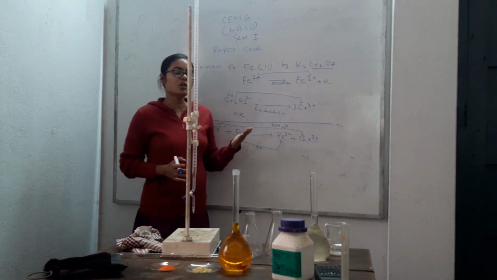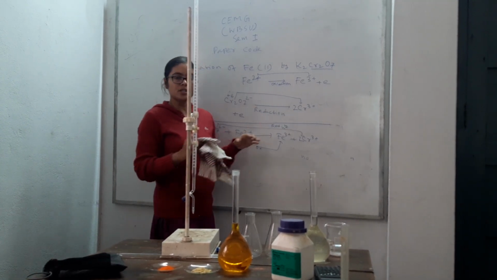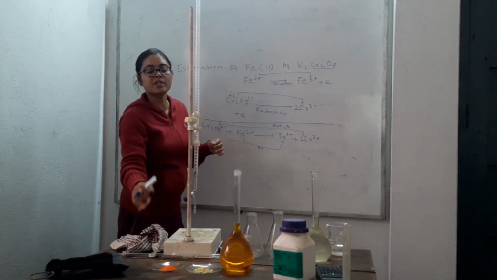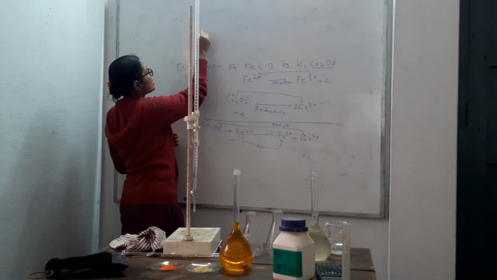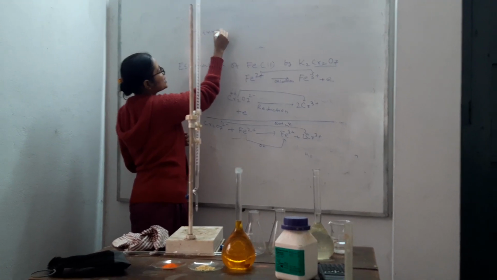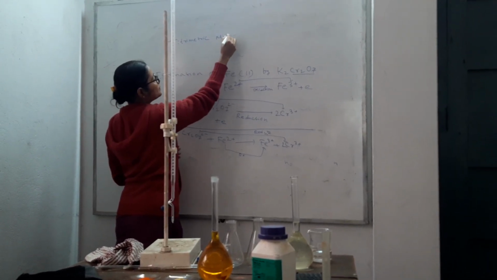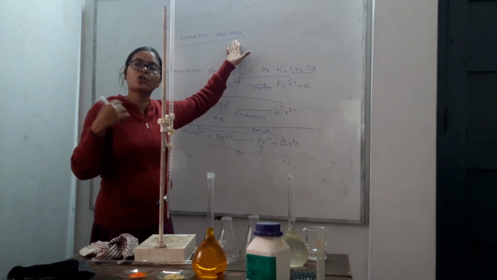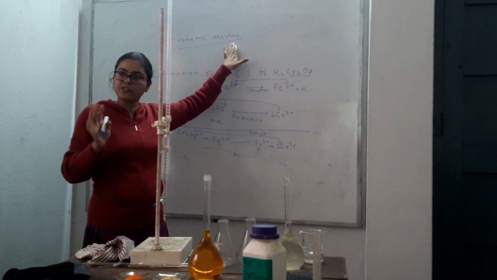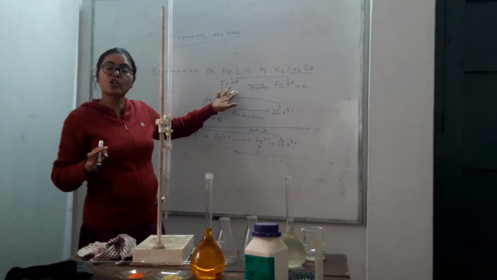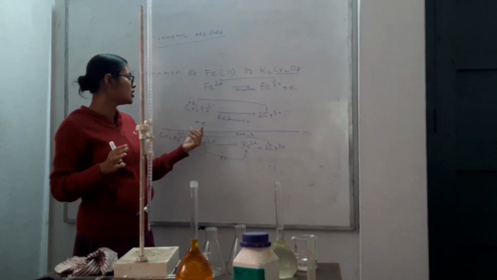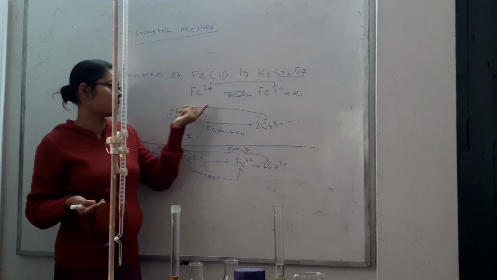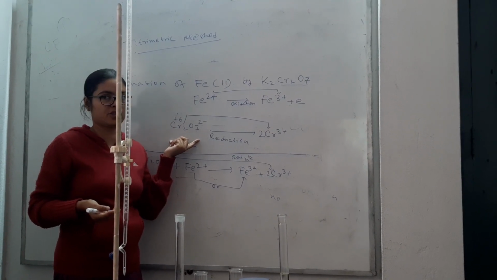The method is the dichromate method, which means we are going to do a titration. Here we are going to do the iron 2 plus versus potassium dichromate titration.